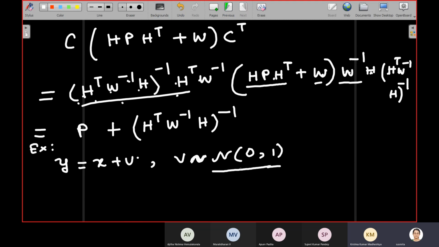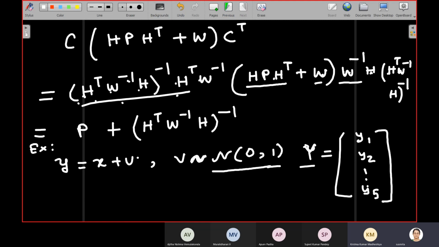So V is Gaussian distributed with 0 mean and variance 1. Y has 5 values. So we need to stack all the values and that will give us the y vector. So all 5 values you need to stack one after another, y1, y2 up to y5. You also need the corresponding v.